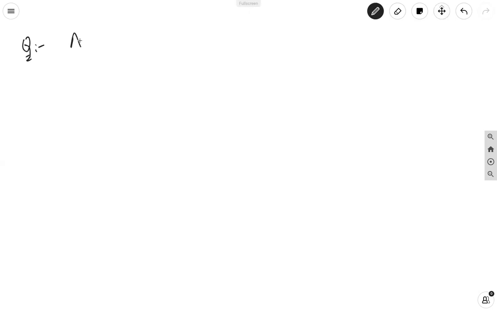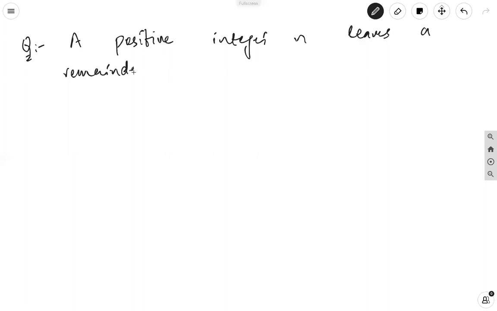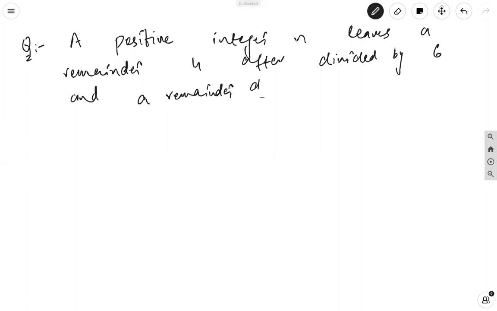The question is that a positive integer n leaves a remainder 4 after being divided by 6 and a remainder of 3 after being divided by 5.